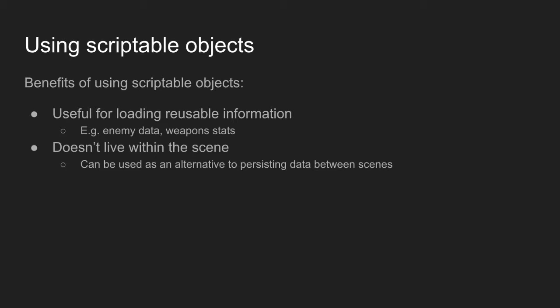You can store those stats in the scriptable object, and you can always just get the values from there instead of having to type them out every single time, or have a prefab for each enemy, which, like I said, stores more information. But if you store them in scriptable objects, they're smaller and easier to just put in and access from the script.